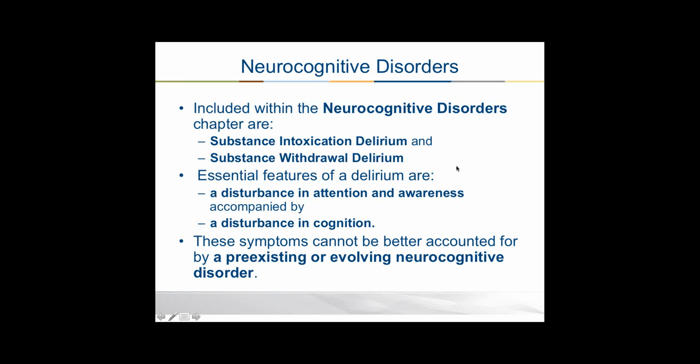What is a delirium? Delirium is different from a dementia. Delirium is an acute disorder, not a chronic disorder. That means that a delirium has a specific identifiable beginning. It continues for a period of time, usually in terms of hours or days, and not longer than that. And it has an ending.